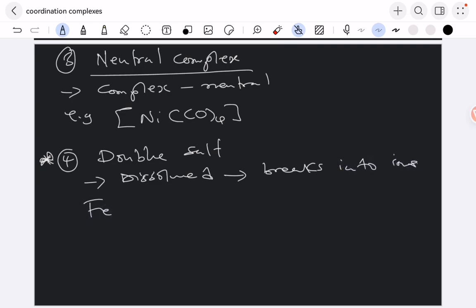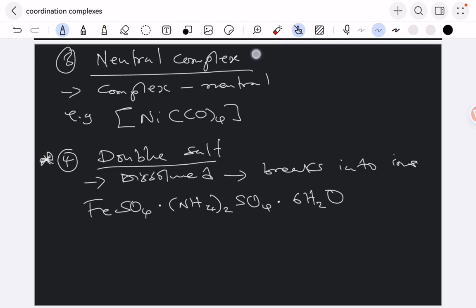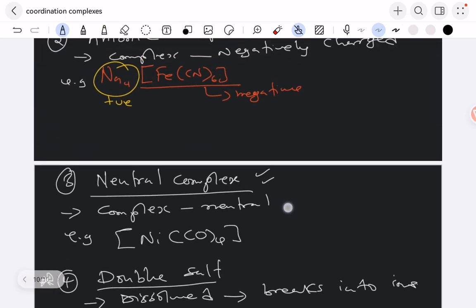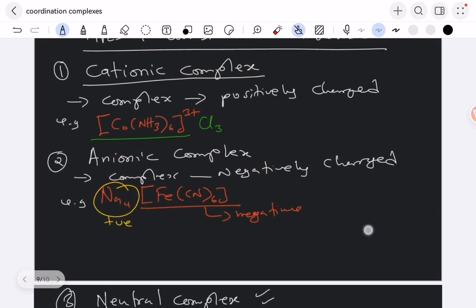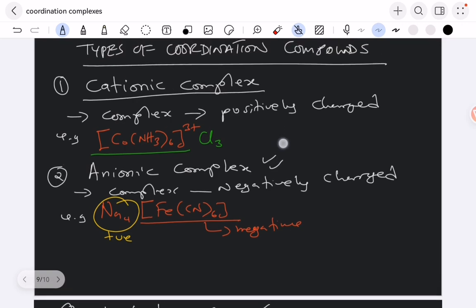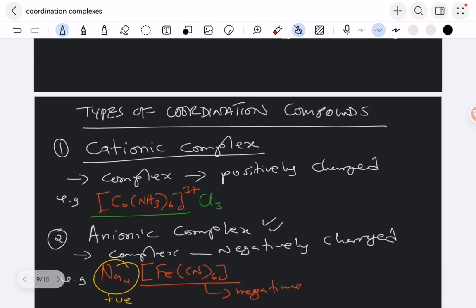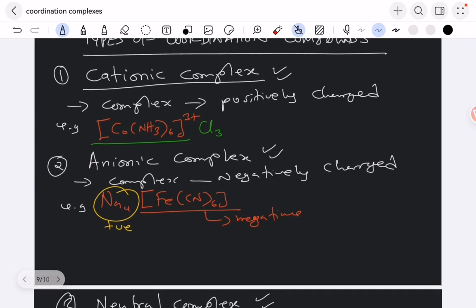So for example, if we have this, SO4 6H2O. This is quite uncommon, but the common ones are the neutral complexes, the anionic complexes, and the cationic complexes.